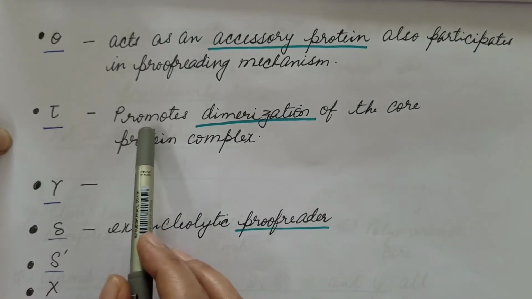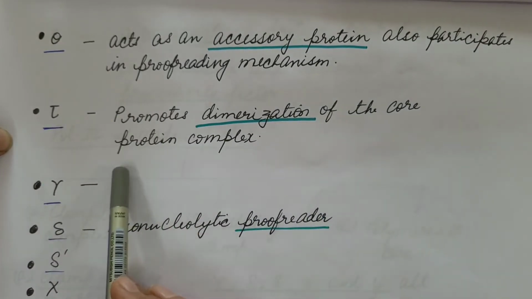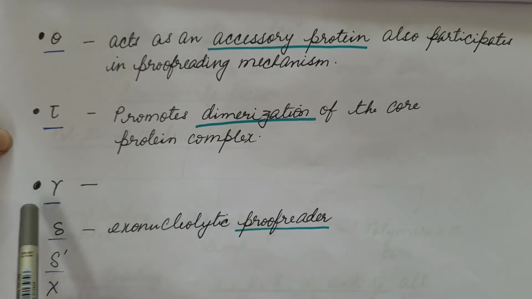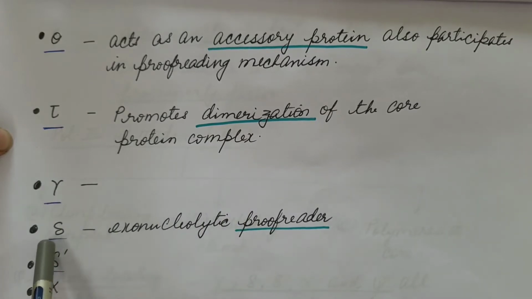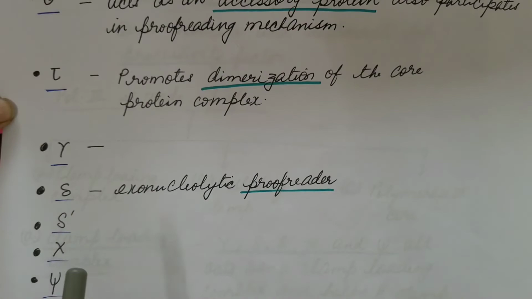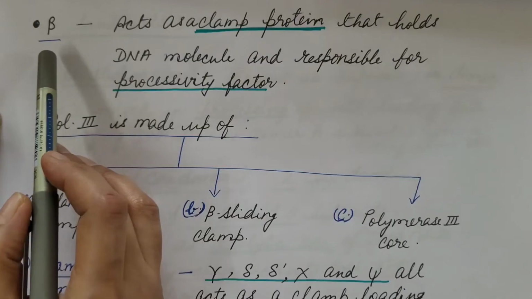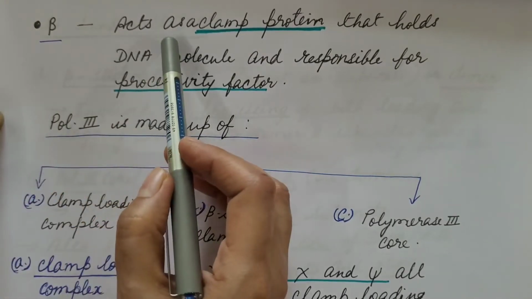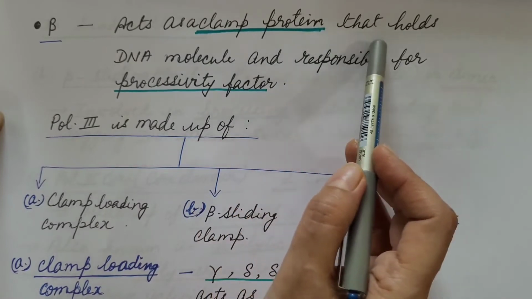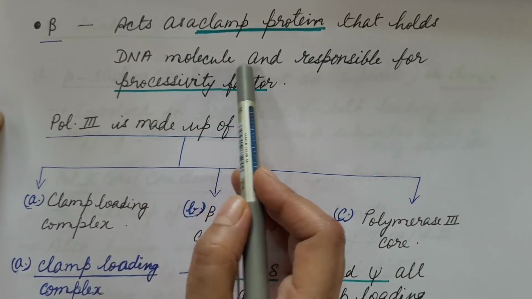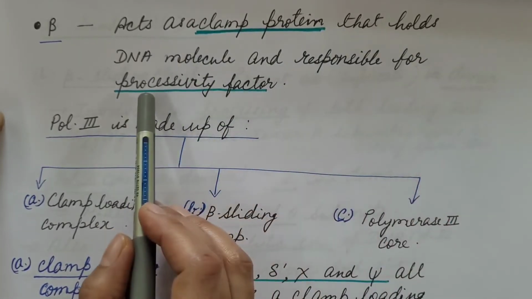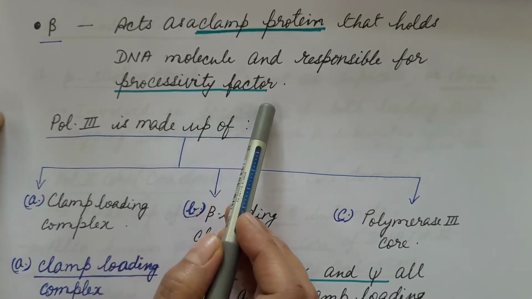Then tau subunit, it promotes dimerization of the core protein complex. Gamma subunit, then delta subunit, it is an exonucleolytic proofreader. Then delta dash subunit, then xi subunit, then psi subunit, and at last is the beta subunit. It acts as a clamp protein that holds DNA molecules and is responsible for processivity factor.